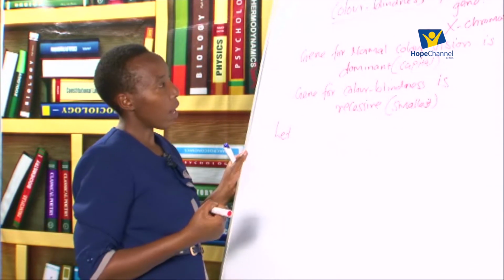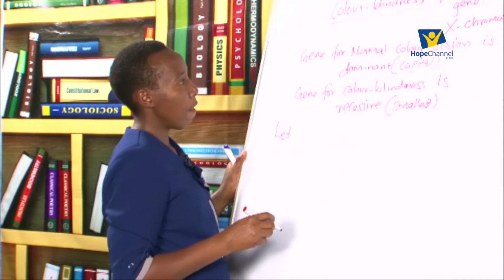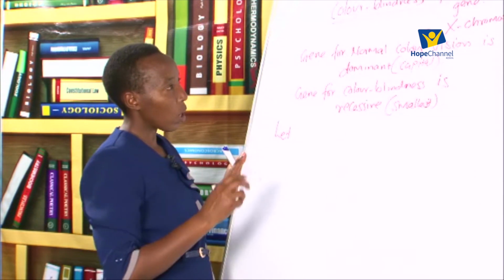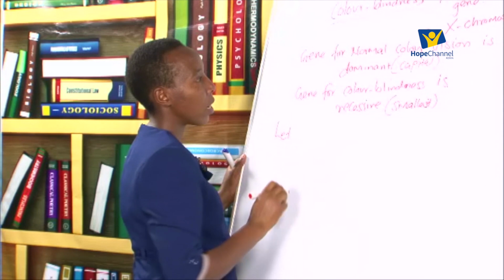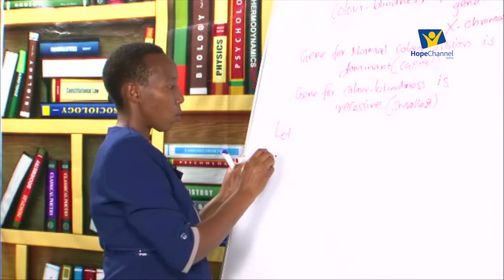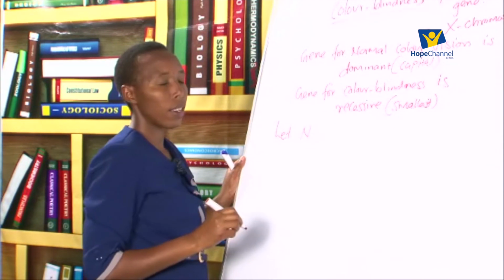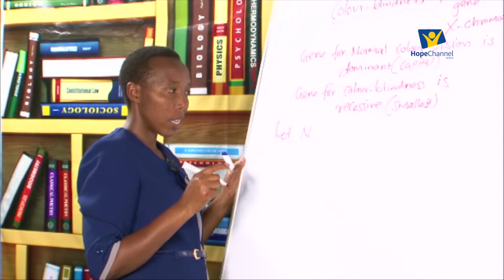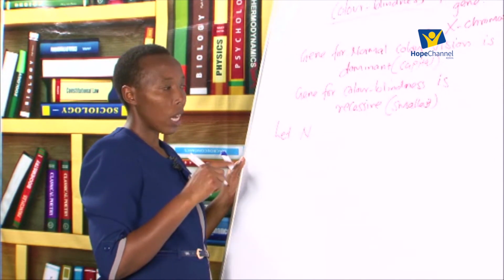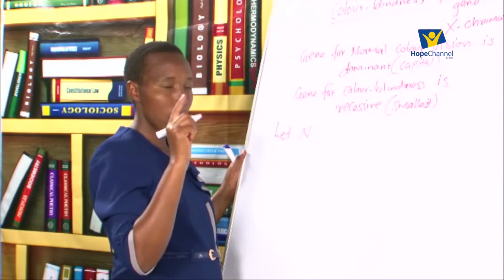For my case, I can decide to use letter N, since I have normal color vision and color blindness. Remember, you pick a letter, but it is good you tell us what that letter represents.